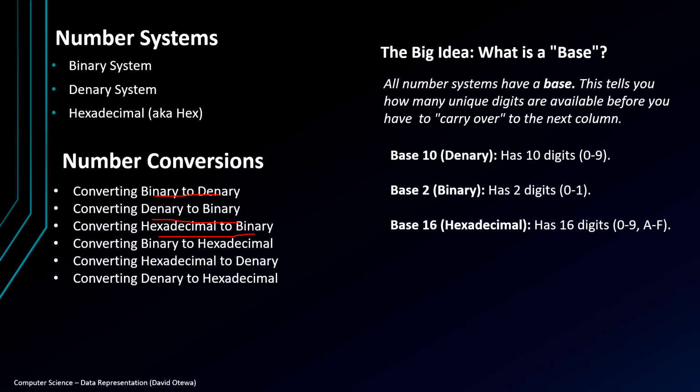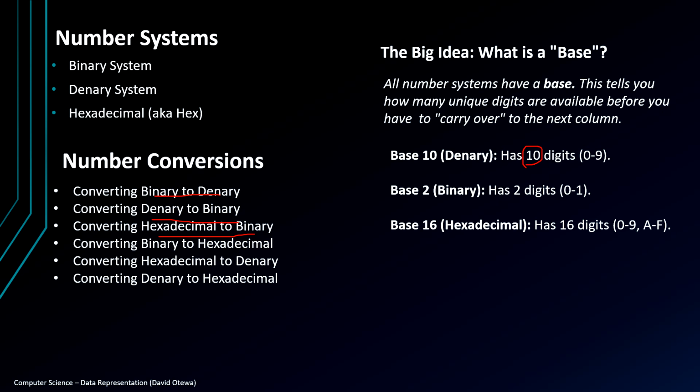So, what is base? We all know that all number systems have a base. And a base is how many unique digits are available before you have to carry over to the next column. So base 10, which is denary, is normally the human number system, the one we're used to, 0 to 9. So it has 10 digits, so it has base 10 because it has 10 unique digits.